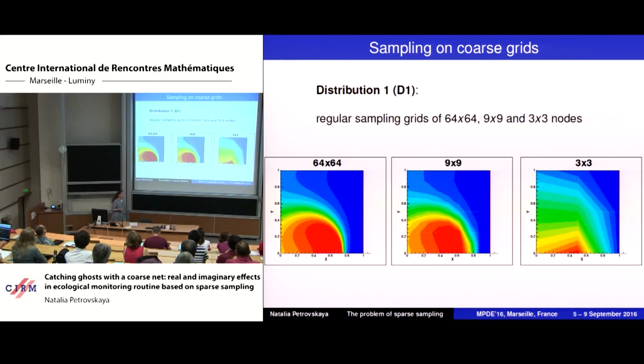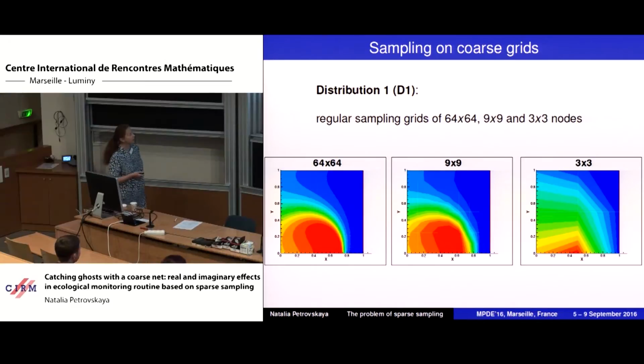In the first picture, the first density distribution, we have a really fine grid of points, 64 by 64, and that is how our density distribution looks when we use this grid. The grid is fine, but it's not realistic.